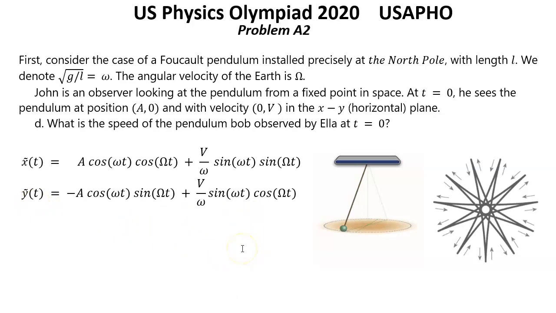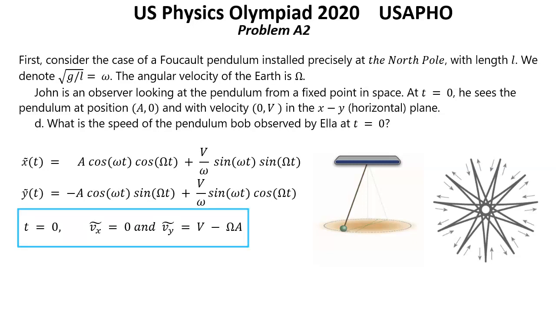To find the equations for velocities, we have to take the first derivative with respect to time from these formulas. After that, put time t equals 0 into these formulas. So finally we have v_x tilde equals 0 and v_y tilde equals v minus big omega multiplied by A. So that's the solution and answer for question D.